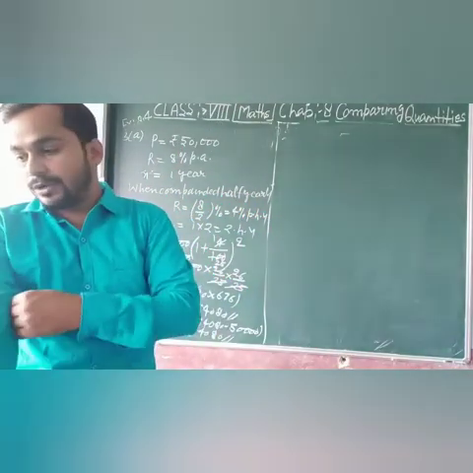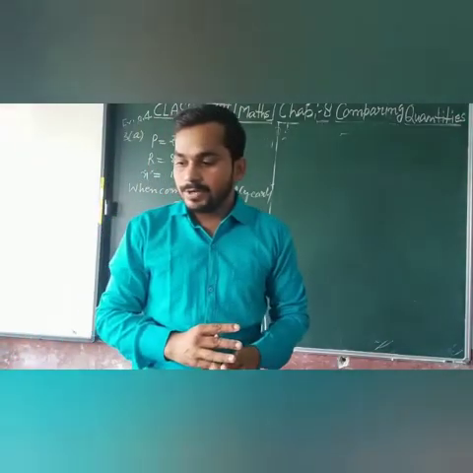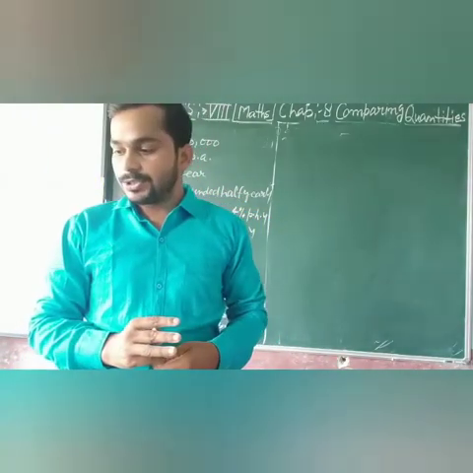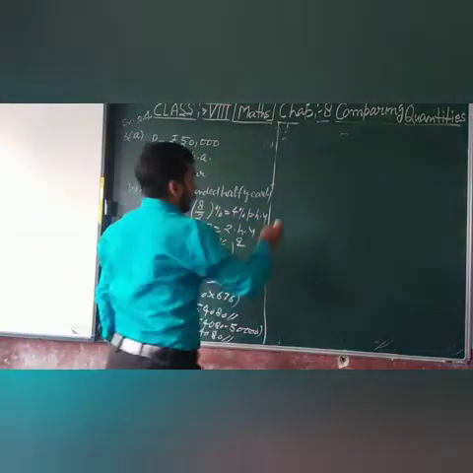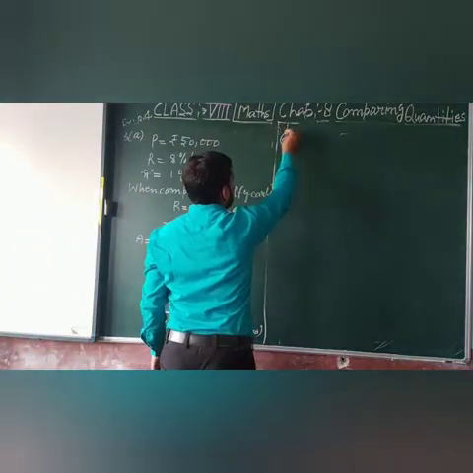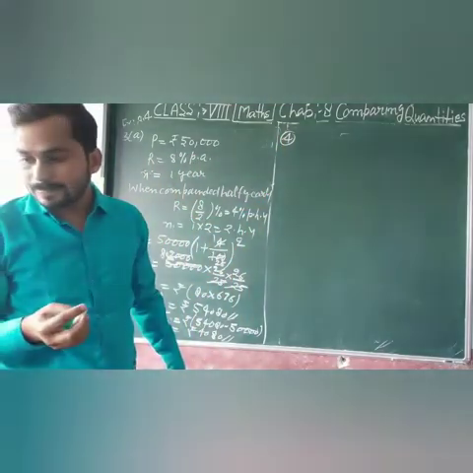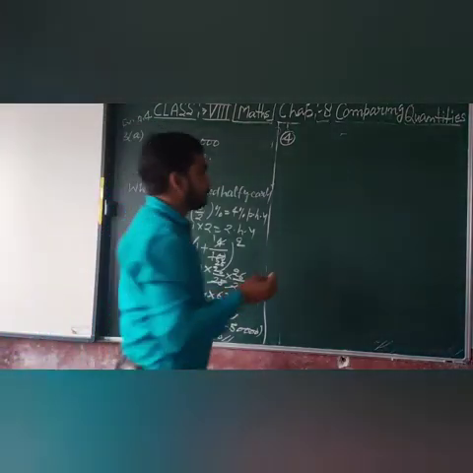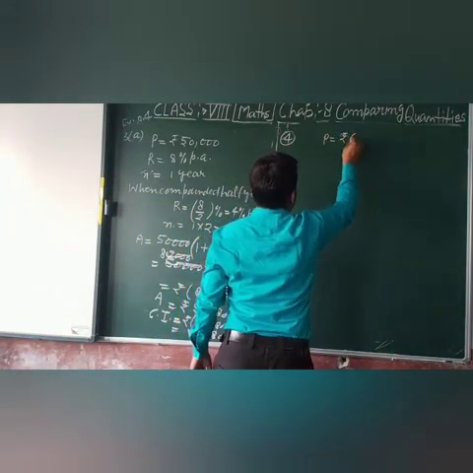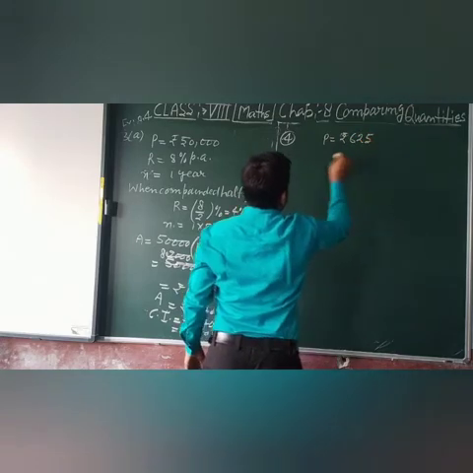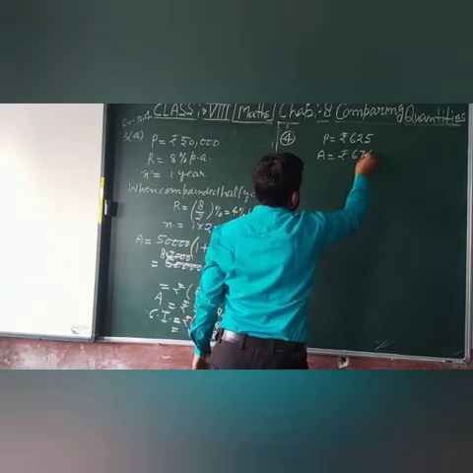Now question number 4, at what rate percent per annum will 625 amount to 676 in 2 years when compounded annually? Rate find करना है आपको. Principal and amount both are given. Principal equal 625 and amount equal 676.